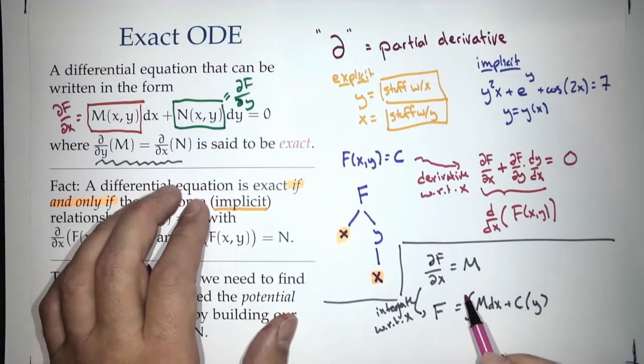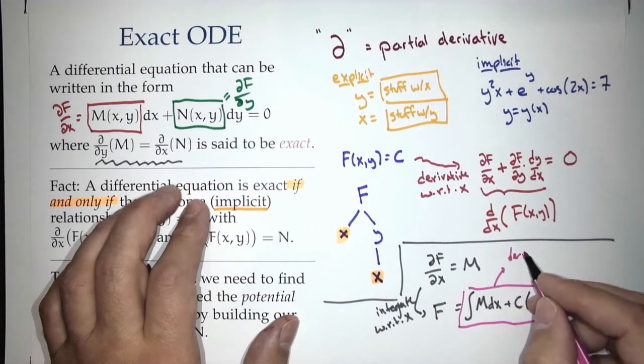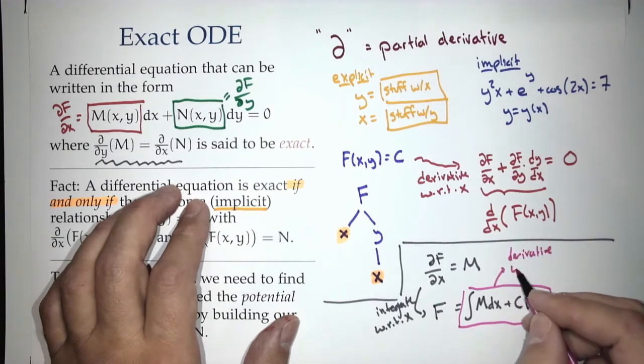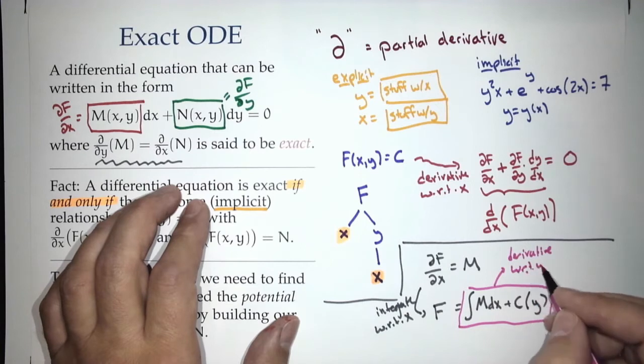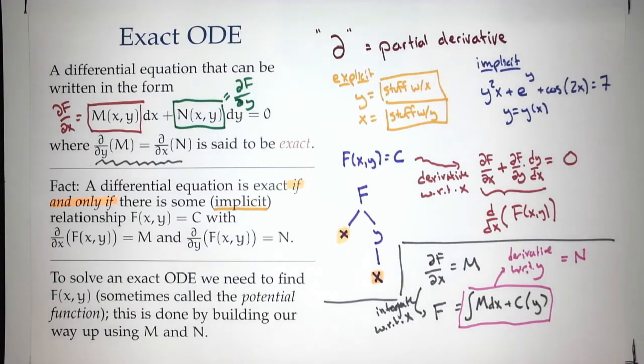So from here, we take the derivative with respect to y and set that equal to N. You integrate with respect to x, get an expression, take the derivative of that with respect to y, and set that equal to N. When you clean it up, you get c prime of y equals just stuff with y.